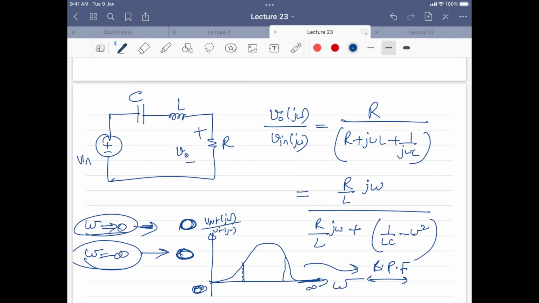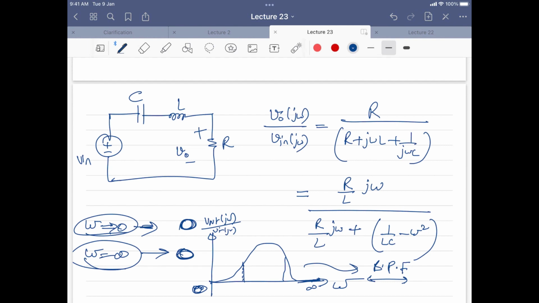Sir, we can say now that omega must be 1 by root LC for the gain to be 1. Why do you want to say that? Because omega square minus 1 by LC equals 0, so it becomes 1. Omega equal to 1 by root LC is what?